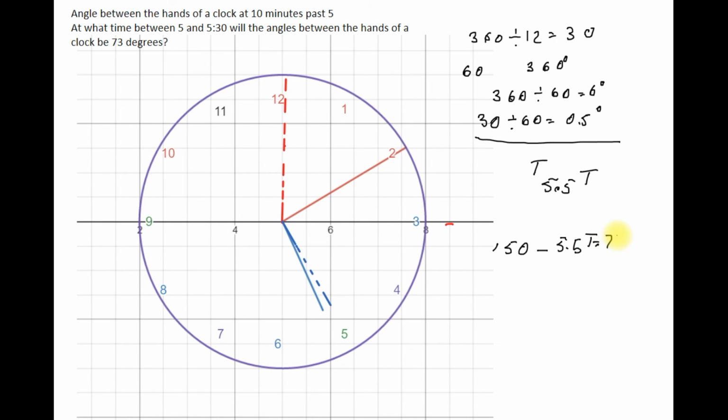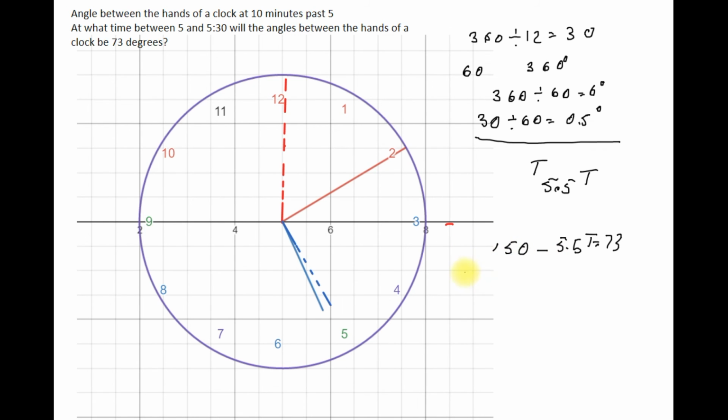This must equal 73 degrees. That means after t minutes, and for every minute we take 5.5 degrees away from 150, after when will the angle be 73? This is a small, simple algebra equation.